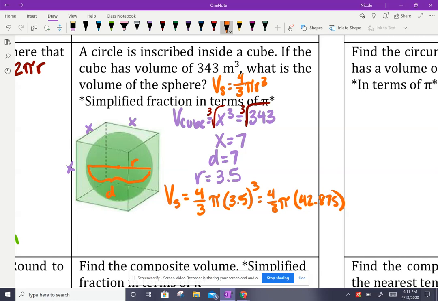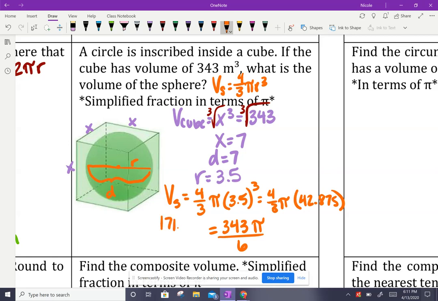So then we get 343 pi over 6. If you hit math, enter, before you multiply pi in, that'll give you a really nice fraction.